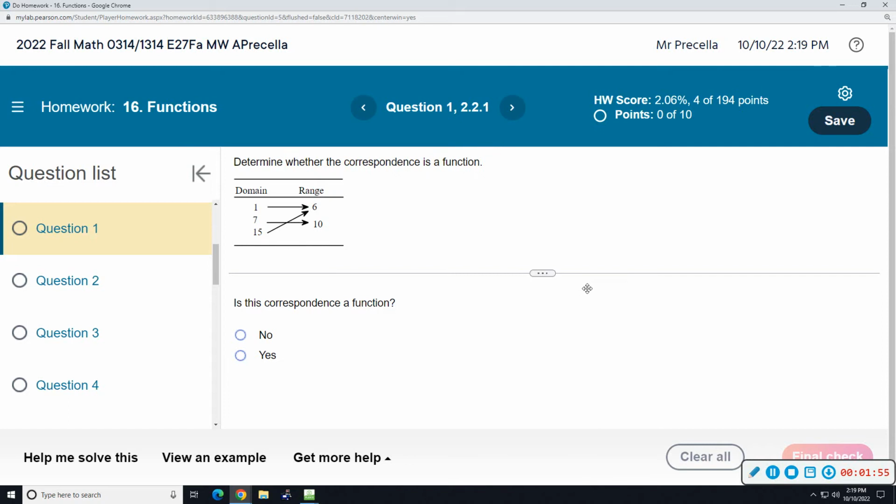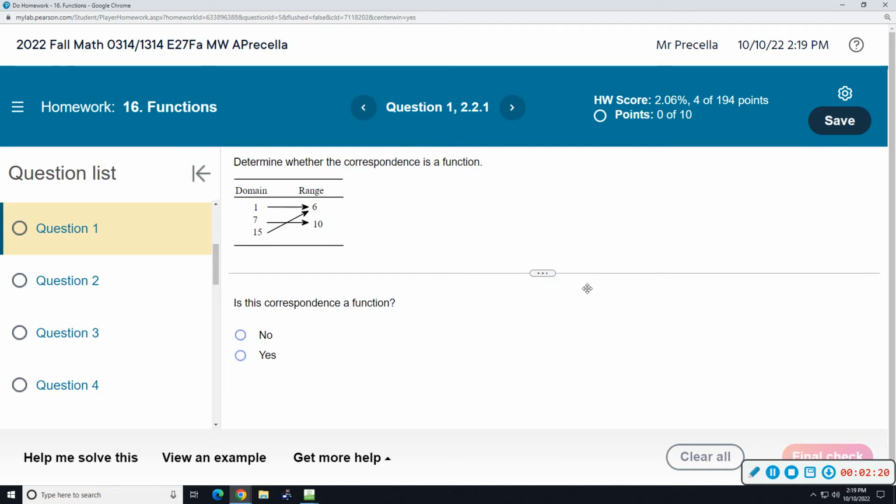With these arrows, the number 1 is being assigned the y value of 6. The number 7, what y value is it being assigned? 10.